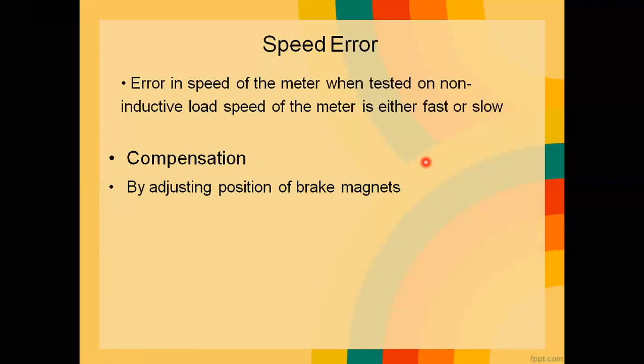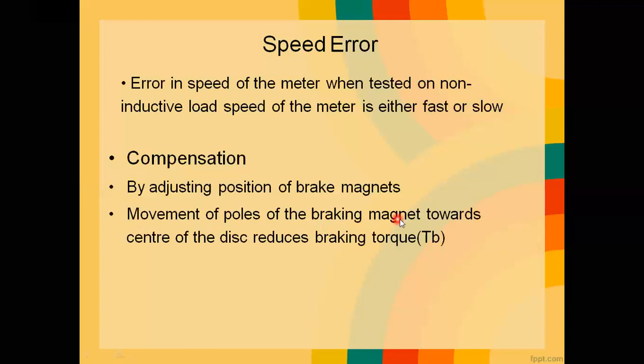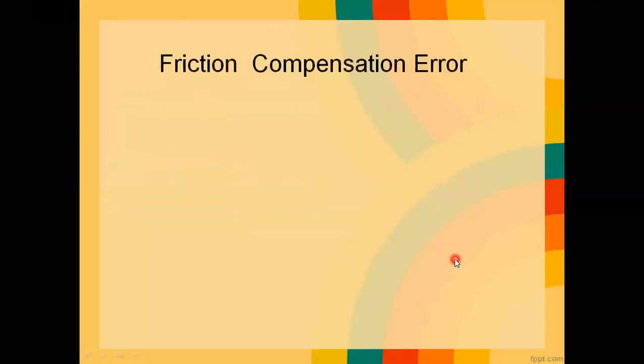In that manner we can vary the speed of the meter or the aluminum disc. Movement of the poles of the braking magnet towards the center of the disc reduces the braking torque, TB. Now after that, friction compensation error. Let us see the cause of friction compensation error.